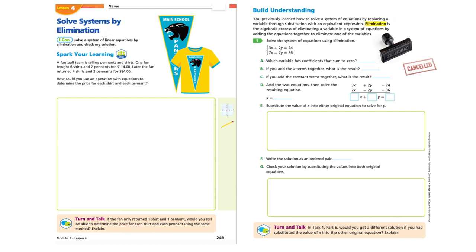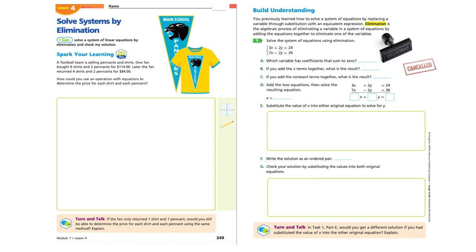If you were to add the coefficients of x or the coefficients of y together, would you get 0? B, if you add the x terms together, so for example 3x and 7x, what is the result? So that goes here. C, if you add the constant terms together, what is the result?